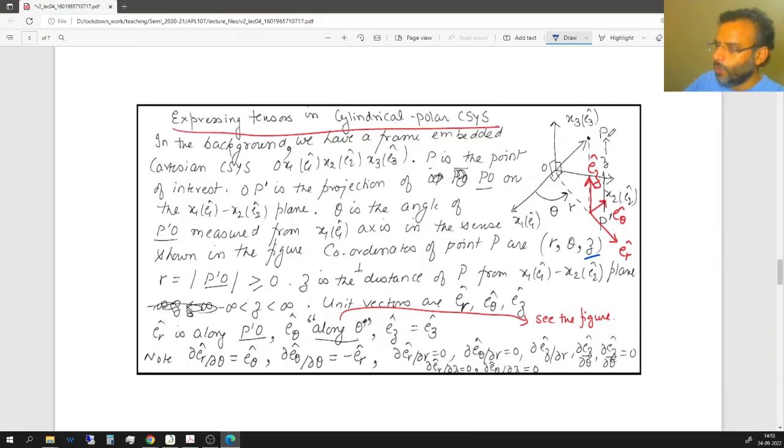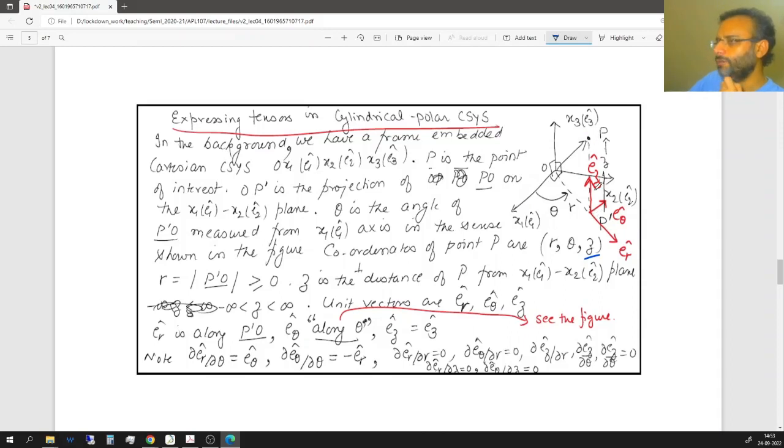But in the cylindrical polar coordinate system, its coordinates will be different. So how do we define the coordinates of the point in our new coordinate system? PO is the displacement vector or position vector of point P, measured from my origin O. Let me project this position vector on the plane of x1, E1 and x2, E2.